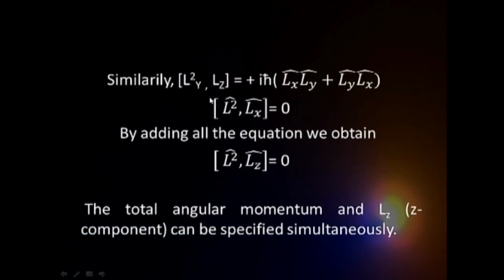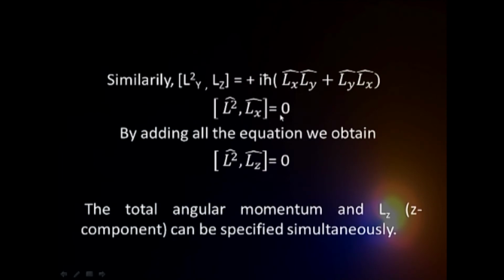Similarly, if we carry out the expression of L_y square and L_z, we are going to get an expression which is plus i h cross L_x L_y plus L_y L_x, and we know that this term is equal to 0. So, by adding all the three equations, this is a positive sign. If you remember the earlier slide, we had a negative sign, the expression remains the same, and there were 3 terms.